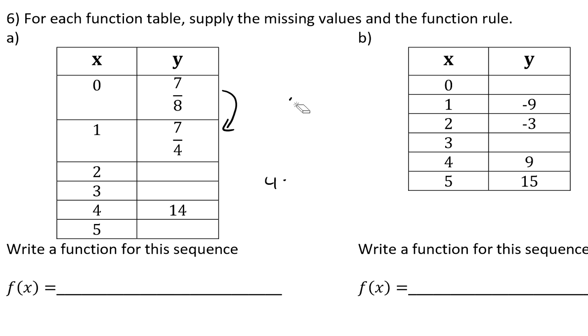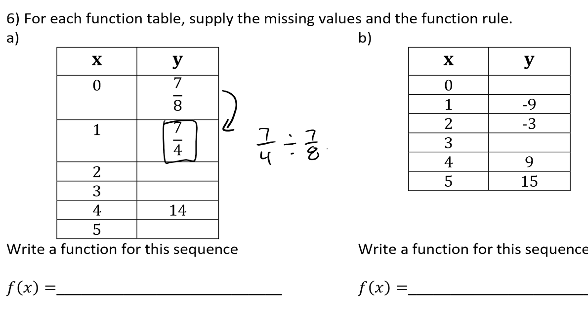Another thing you could do, if you're not sure, and you suspect that it's a geometric or an exponential function, where you're multiplying each time, is take a term like 7/4 and divide it by the previous term. I can divide it by 7/8, and the result of that is the multiplier.